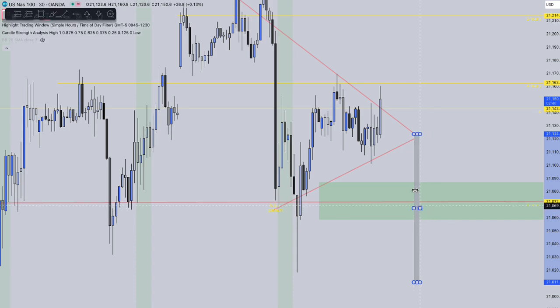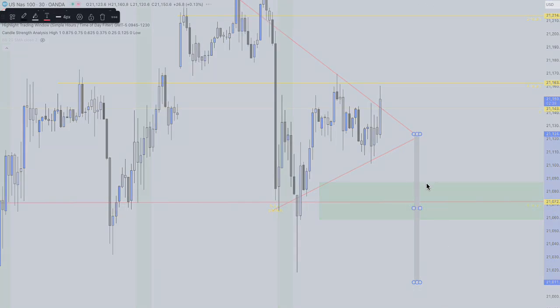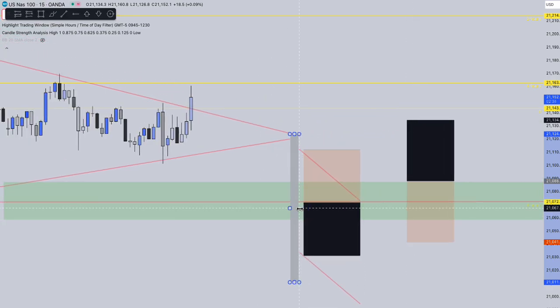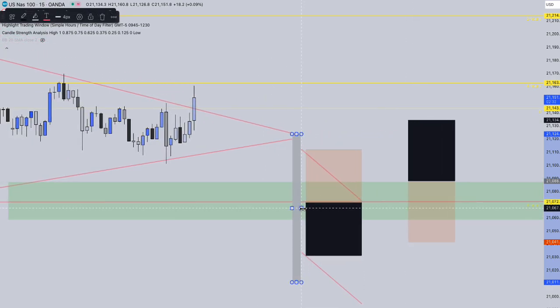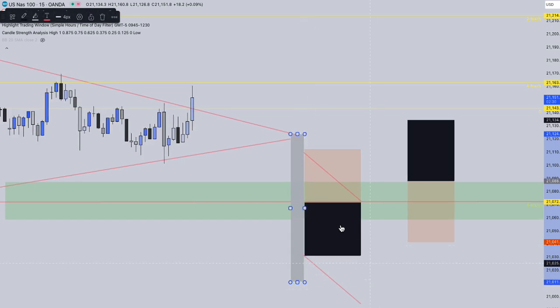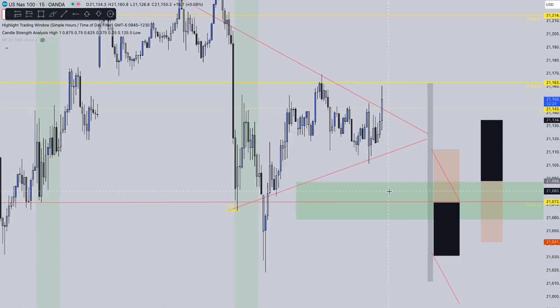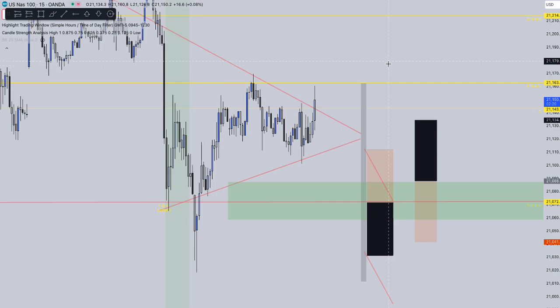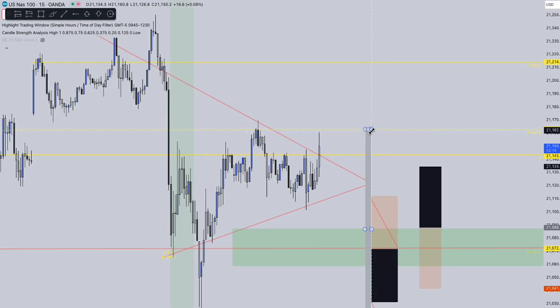Nine to 15. And it could just as well go up as well. If it does go up, that would also be a trigger.